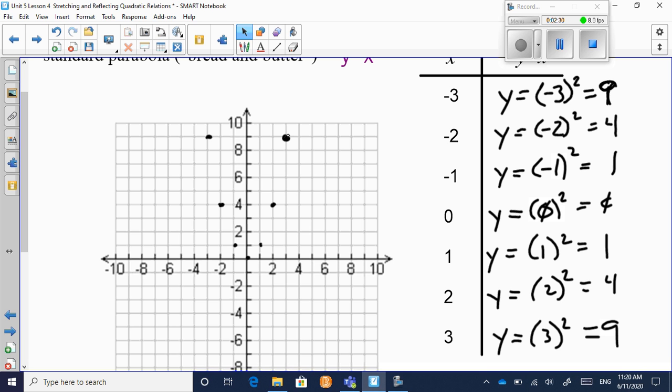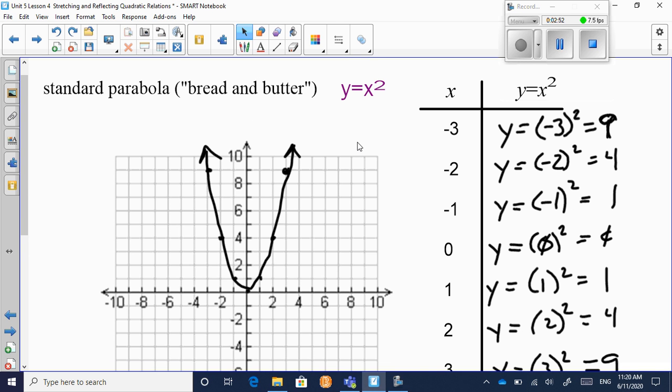Those are the points. And then if we were to graph that, bear with me, I'm going to do this freehand. Something like that. Let me try it one more time. Let's see if we get a little bit closer. Okay, and the points just keep going on and on. So that's the bread and butter parabola. That's y is equal to x squared.